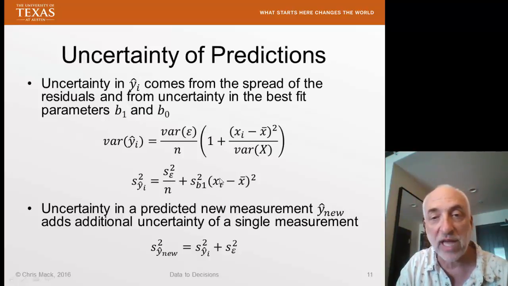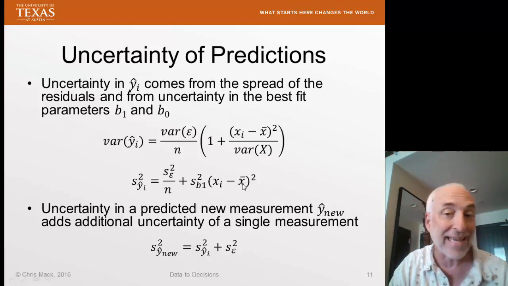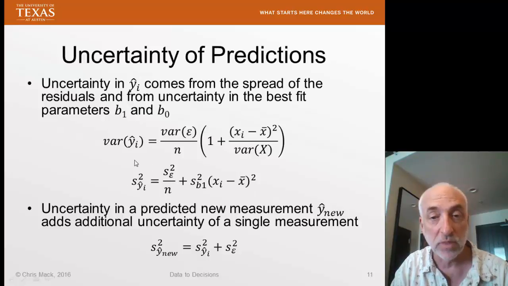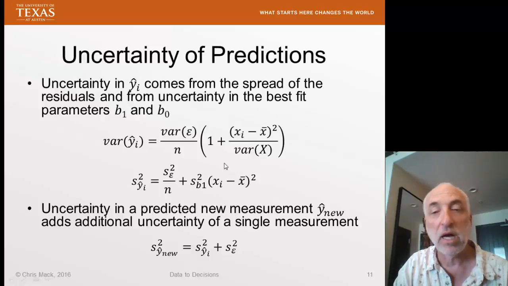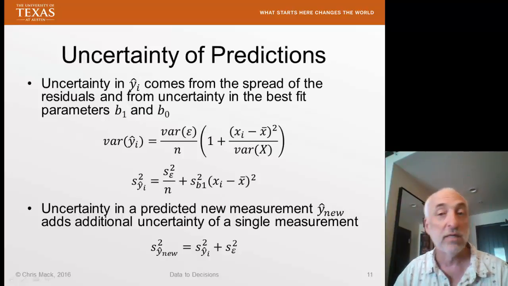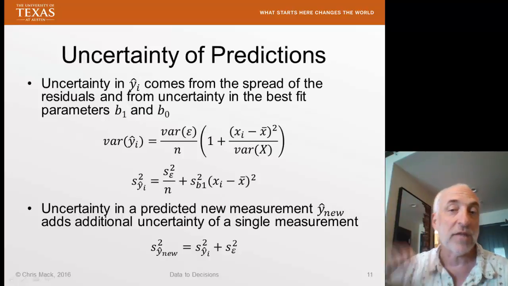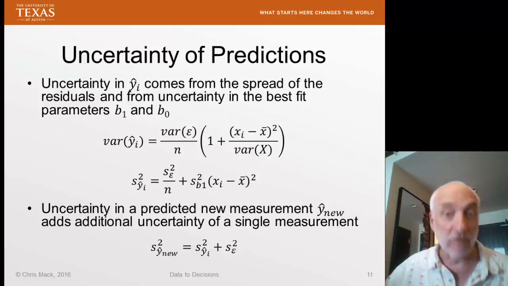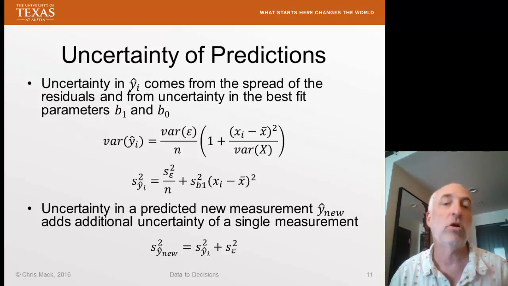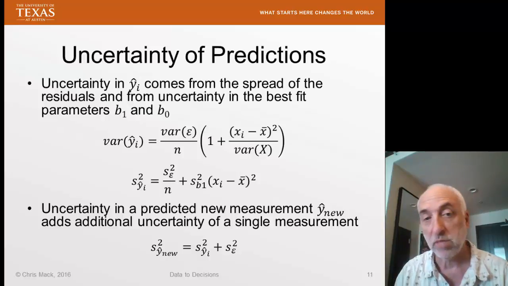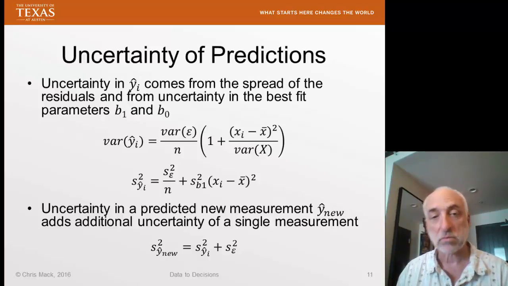And if I put xi equal to the mean value of all the x that I use to fit my data, I have a minimum level of uncertainty in my prediction. Notice that this part goes to 0. If I have an x value that's at the extreme of the range of data that I've used, then I'll have a larger uncertainty in my predictions.